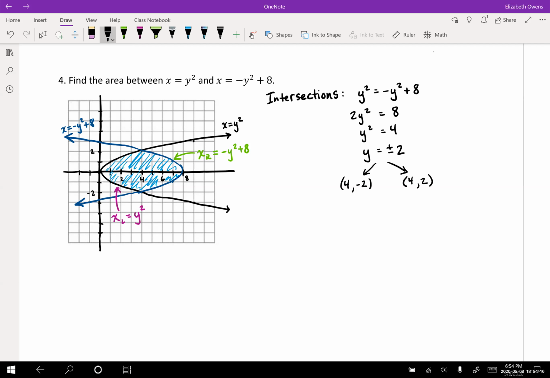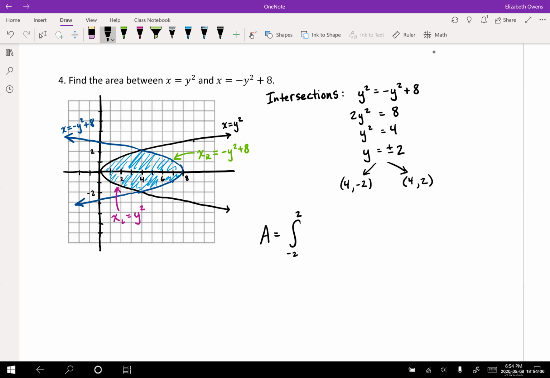Okay, so to set up our area integral, we're doing everything in terms of y here, so the limits go from y equals negative 2 to y equals positive 2.